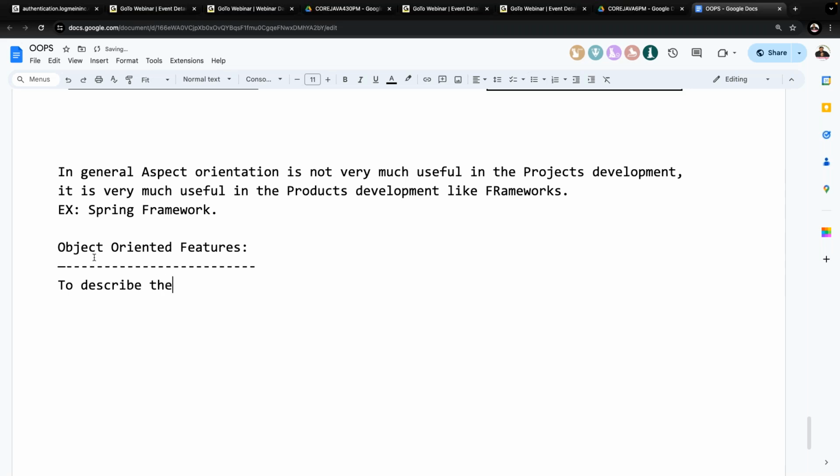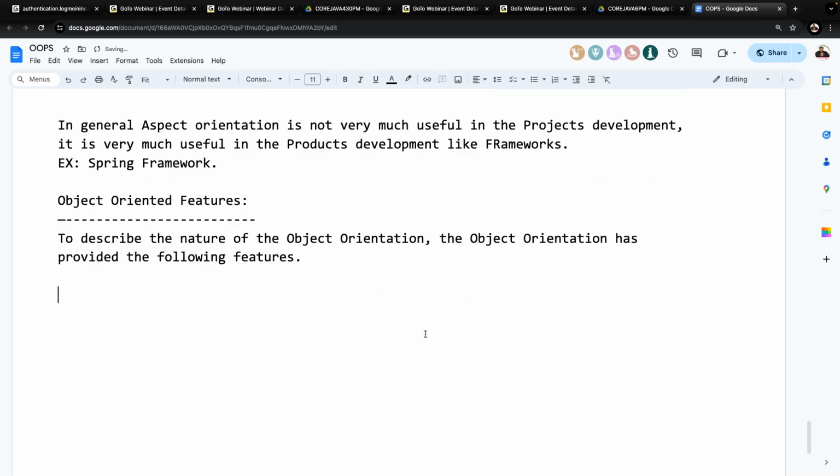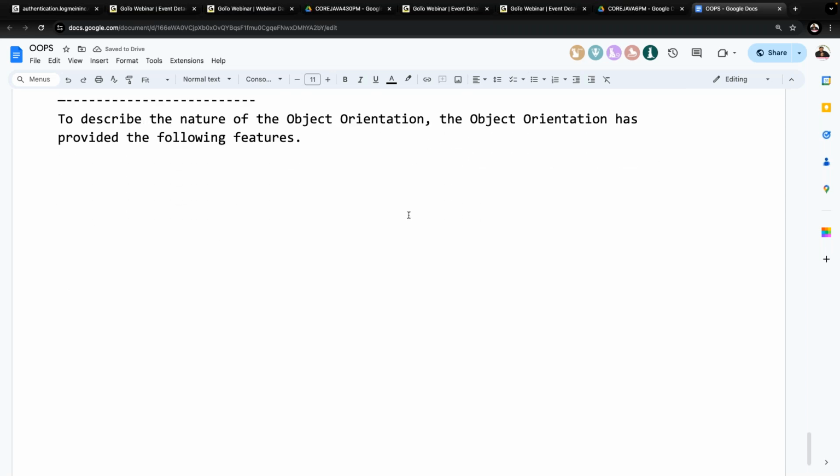To describe the nature of the object orientation, the object orientation has provided the following features. What are the various features provided by the object orientation?